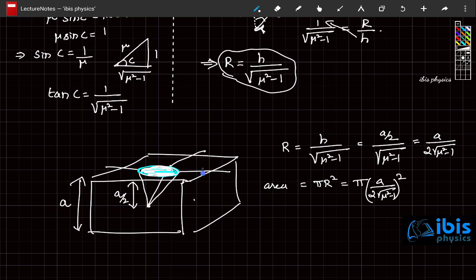For a cube there are 6 faces. For the total area to be covered so that no light comes out, the total area will be 6 times the area for one face: 6 pi a square divided by 4 into mu square minus 1. This is the area to be covered.